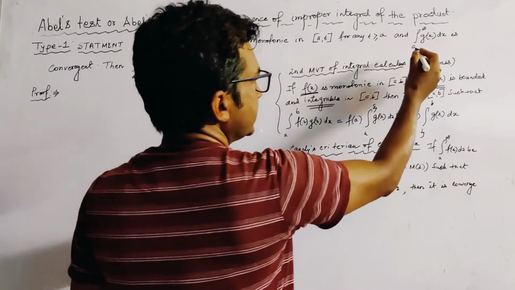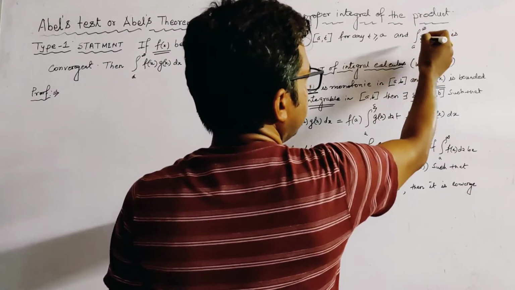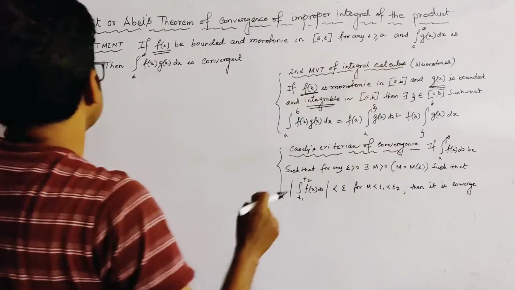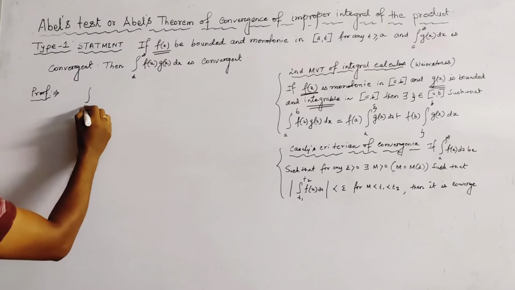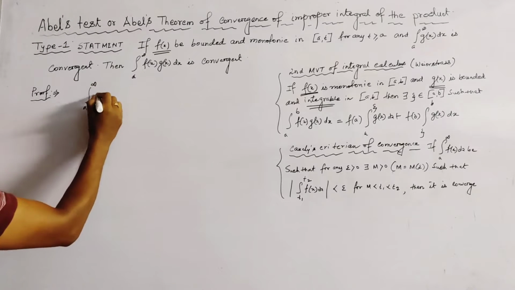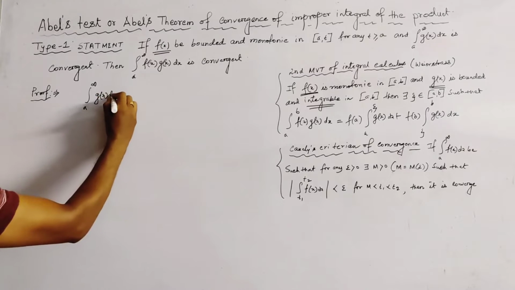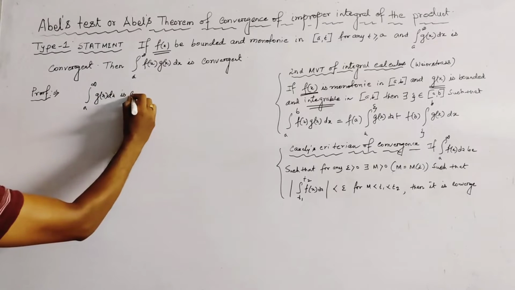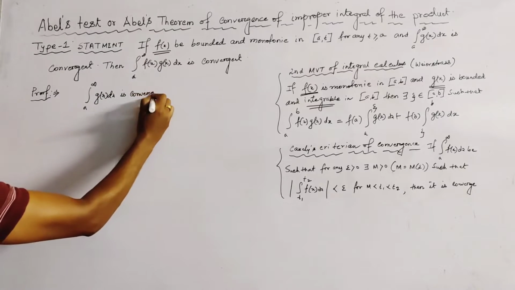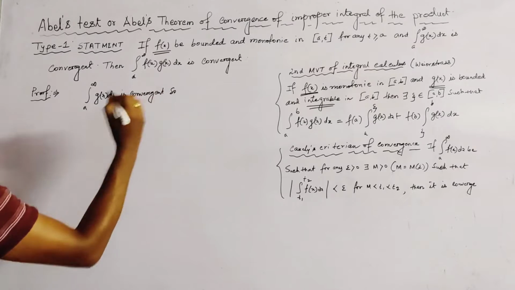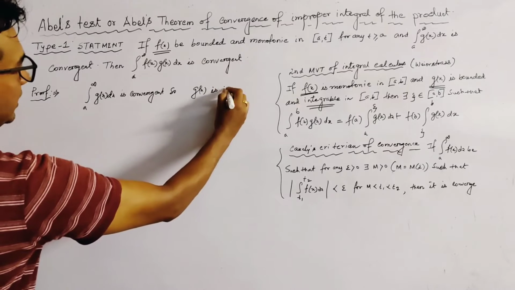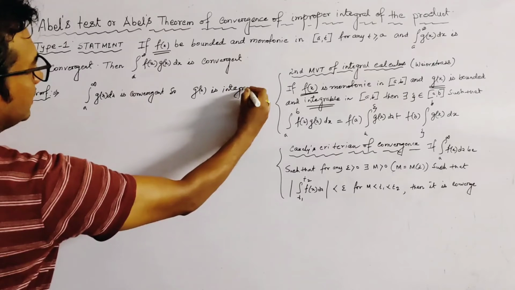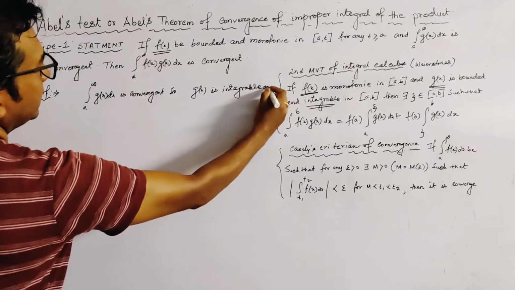And here it is given that the integration a to infinity g(x) dx is convergent, and since it is convergent, we can write g(x) is integrable and bounded.